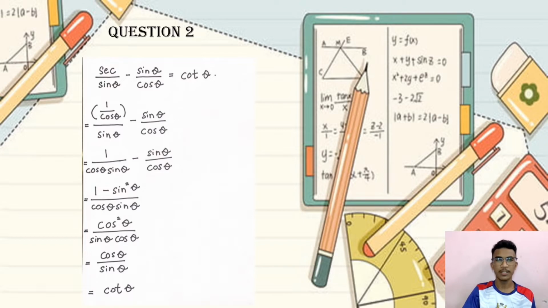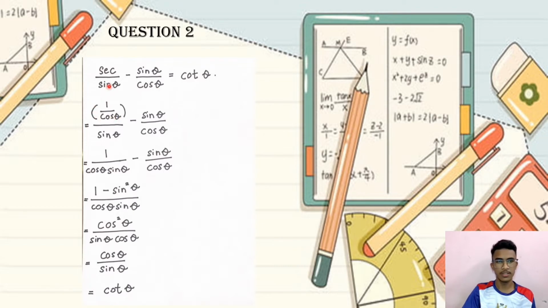Okay, next my turn. I want to explain question 2, which my team chose, question number 8. Sec theta divided by sine theta minus sine theta divided by cos theta equals cot theta. From this question, I want to prove whether the given answer, cot theta, is true or not.